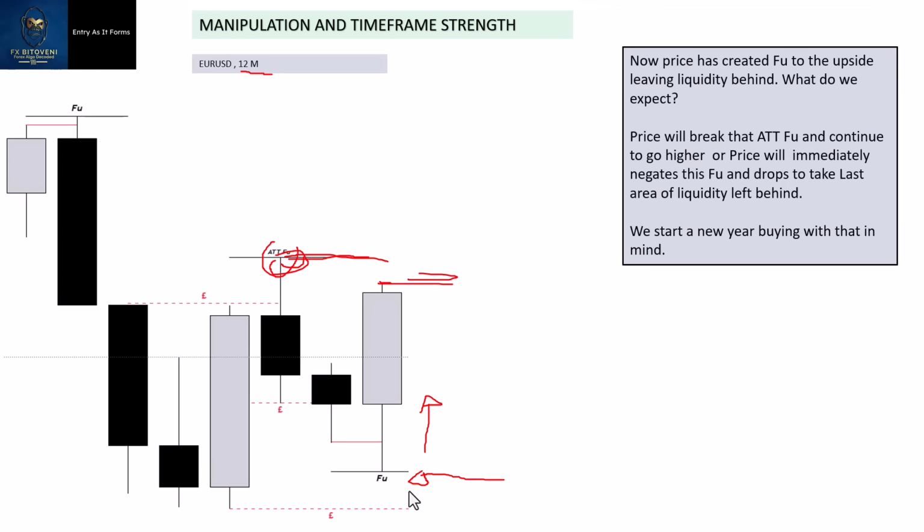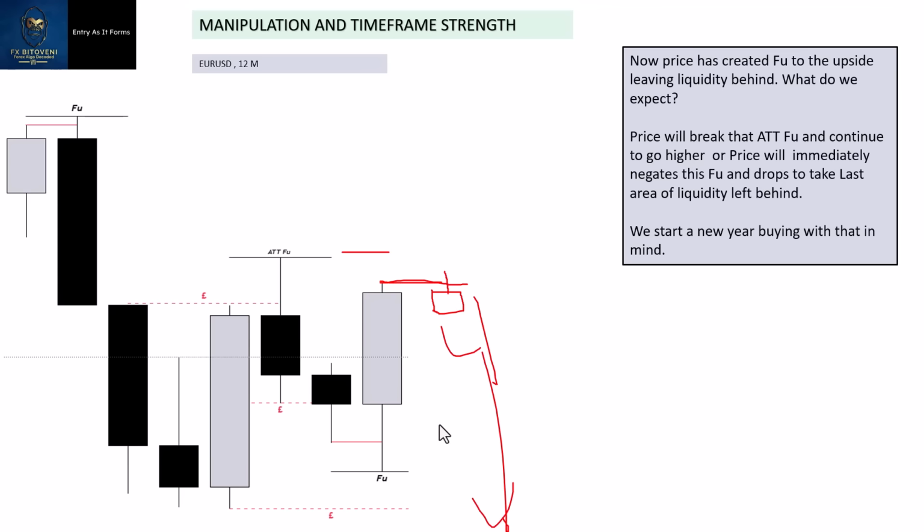So if we see FU going up, we need to see another FU or anti-FU that negates this one. This means if we cannot break this high, we need to see a purge: a candlestick purging this high and then rejecting to go down. Those are the two options: to break the high or to purge.